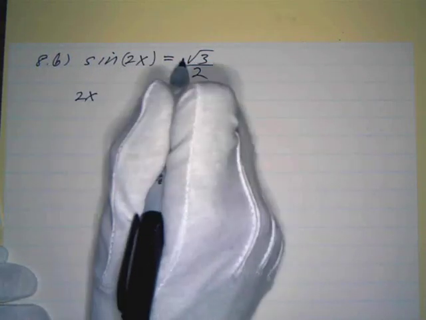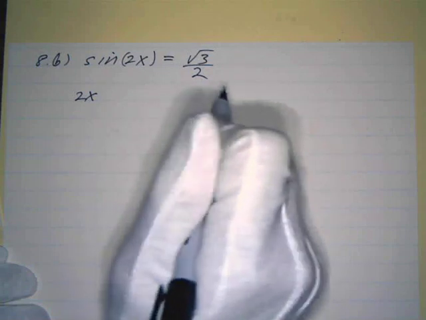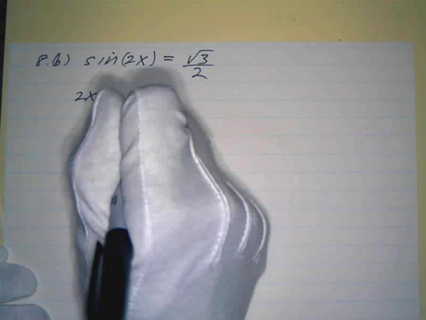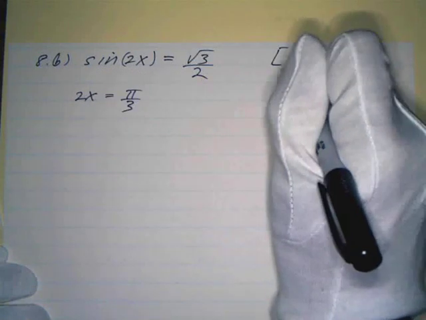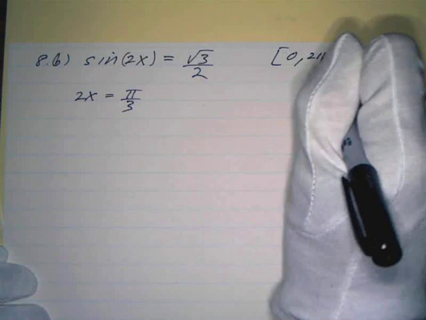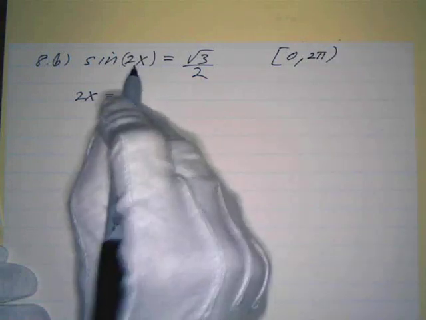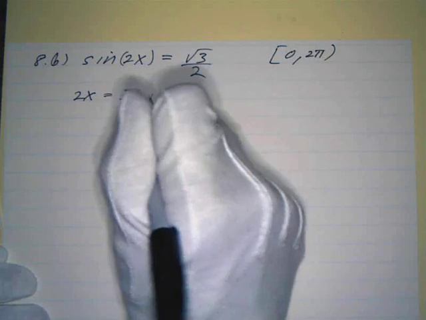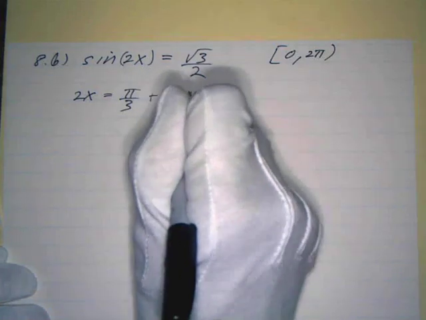2x can either, now it's positive, so it's going to be in the quadrants 1 and 2. And the square root of 3 over 2 is pi over 3. So 2x equals pi over 3. Now, even though we're on this interval, we're also on the interval again, 0 to 2 pi. This is going to change the period, so we're going to have twice as many roots. So we're going to have to add the 2 n pi.